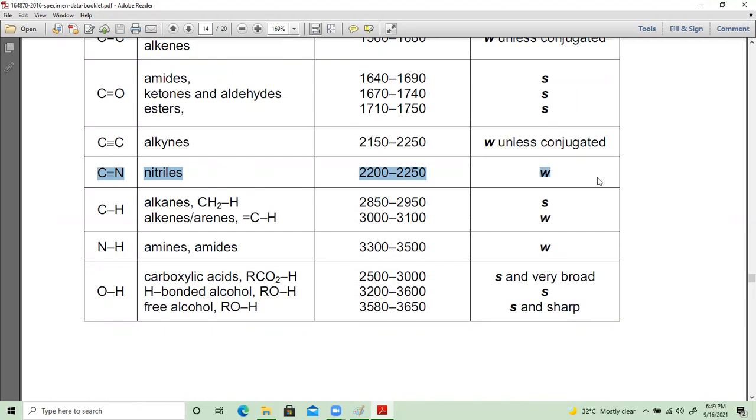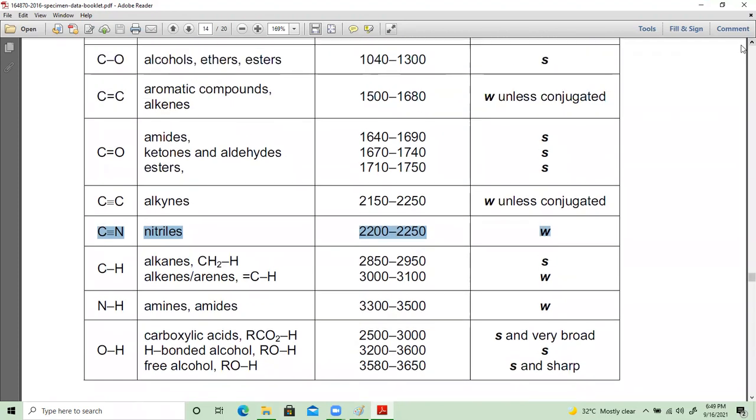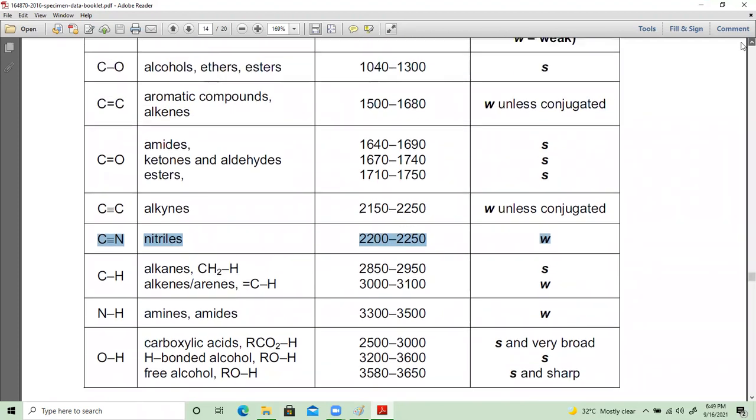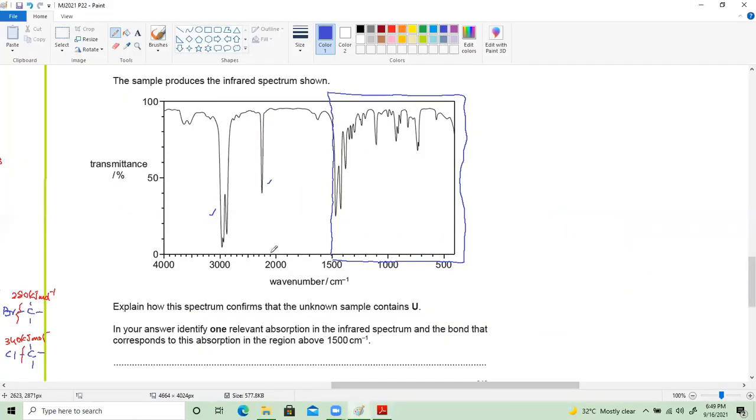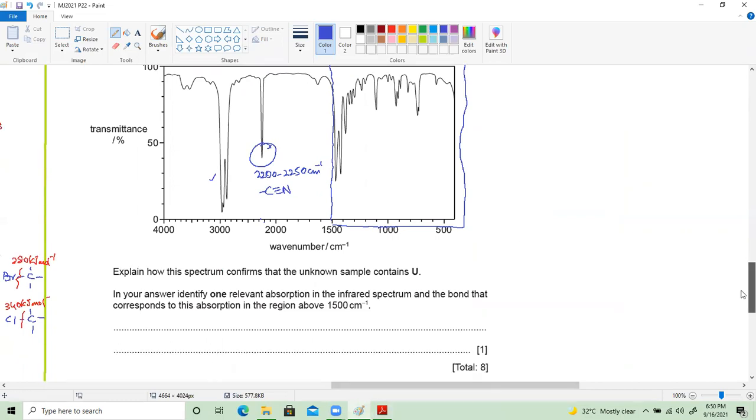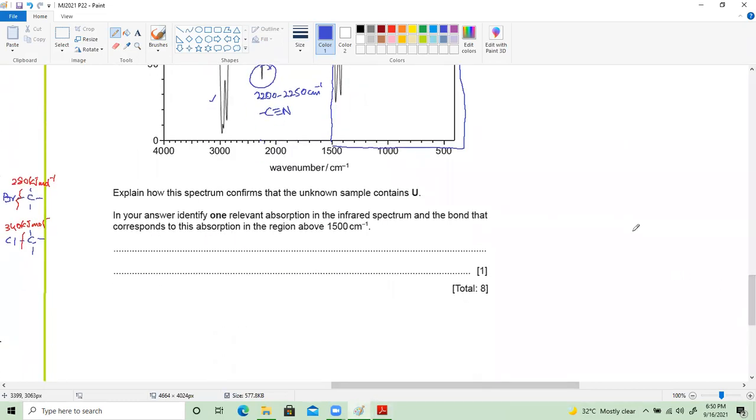A weak peak between 2200 to 2250. It's this one. And this represents that the compound is a nitrile and it contains a nitrile group. This is what you need to write there in the answer.